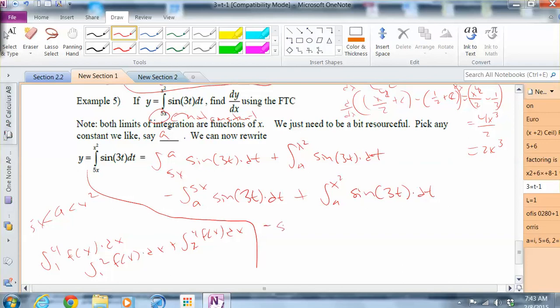So now let me replace t with 5x. So we have negative sine 5x times the derivative of 5x, which is 5, plus sine 3 times x squared. Because remember, what I want to do now is take the derivative of all this with respect to x.